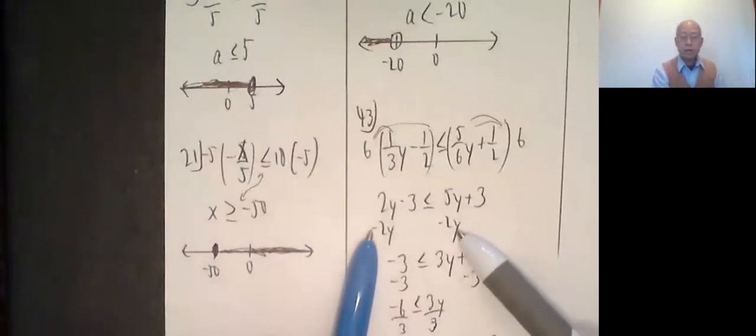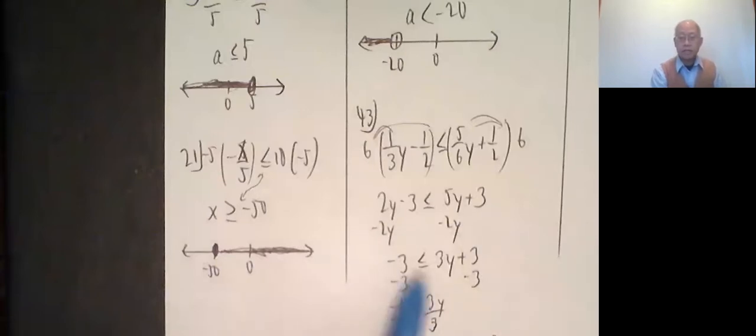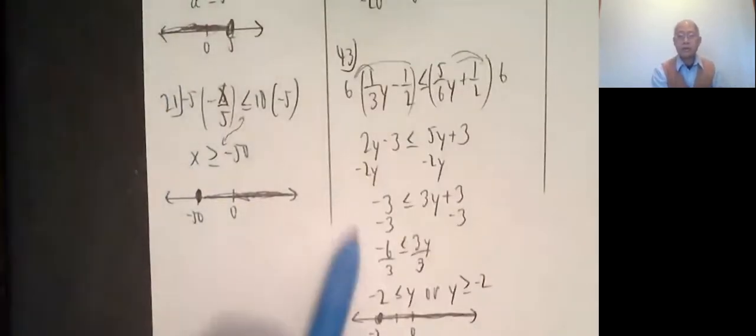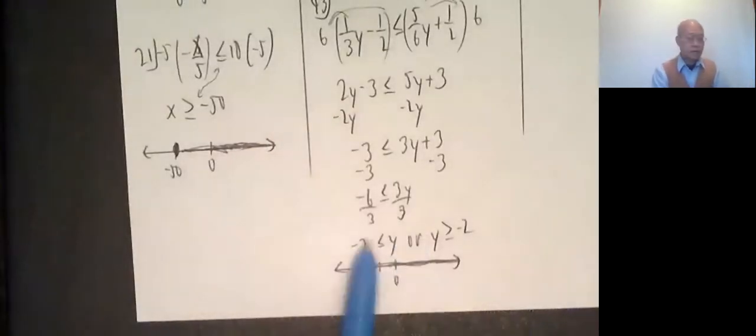So subtract 2y. Subtracting and adding doesn't change the inequality symbol. Negative 3 is less than or equal to 3y plus 3. Subtract 3 on both sides. Negative 6 is less than or equal to 3y. Divide by 3. Negative 2 is less than or equal to y. Or putting the variable on the left side, y is greater than or equal to negative 2. It says the same thing. So closed circle on negative 2, shade to the right.